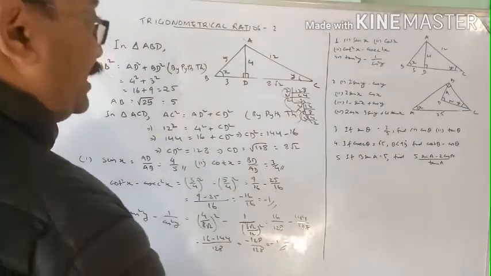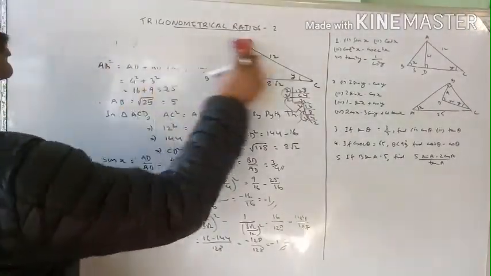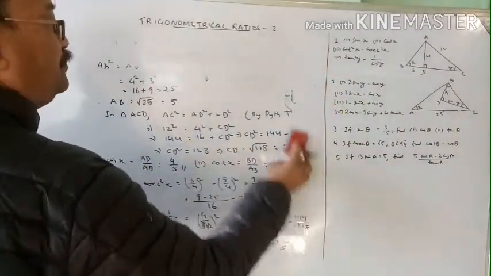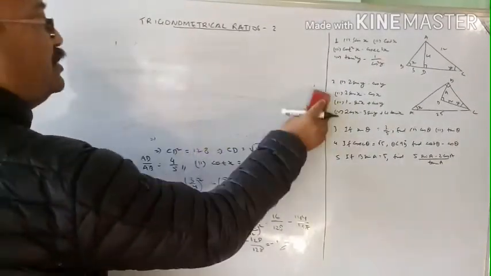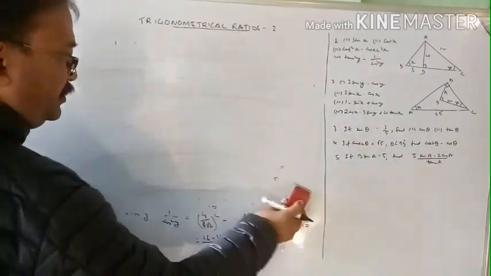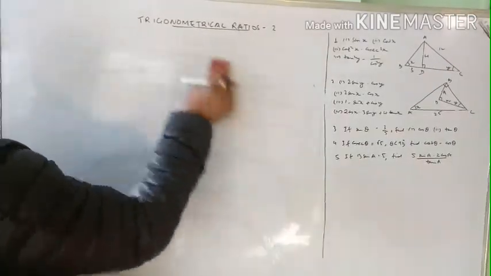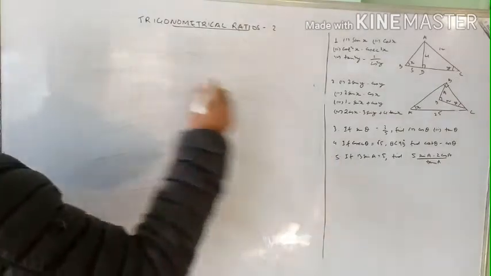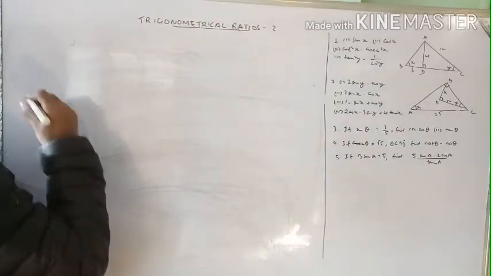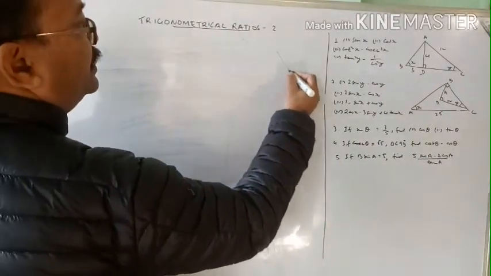Alright, now we'll take another example. This is also a similar type, only the diagram is different, otherwise the method is the same. Now question number 2. See, the diagram given is this one.